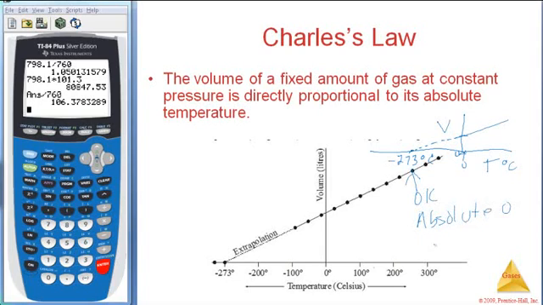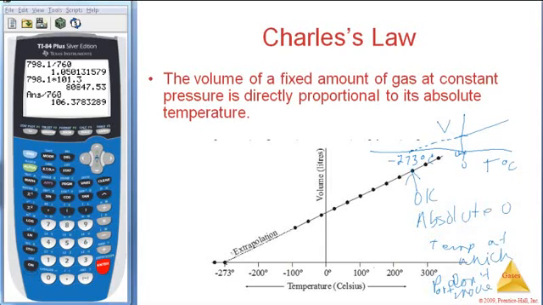And this is known as the temperature at which particles no longer move. Particles don't move. And we know particles always move, so this is a theoretical temperature. We've gotten close to it, but never actually there.